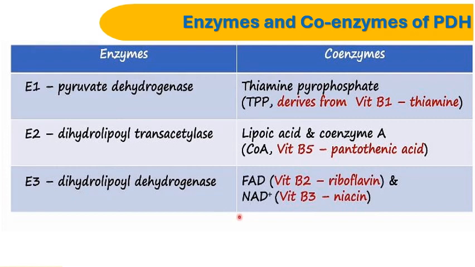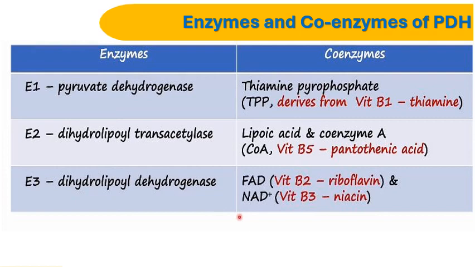dihydrolipoyl transacetylase. Remember, the first one being a dehydrogenase means it is involved in an oxidation-reduction reaction. Now, this second one is dihydrolipoyl transacetylase. And the coenzymes here are lipoic acid and coenzyme A. They are generated or produced from vitamin B5, which is pantothenic acid.